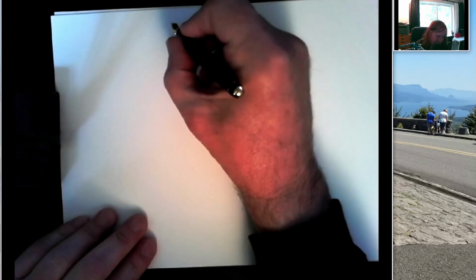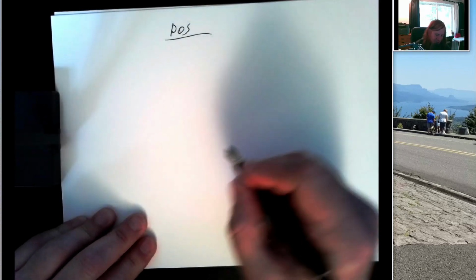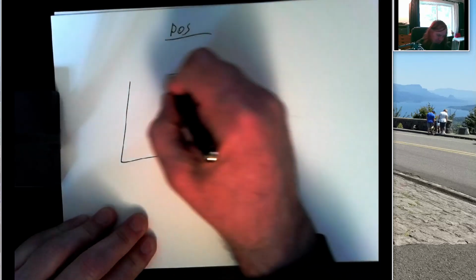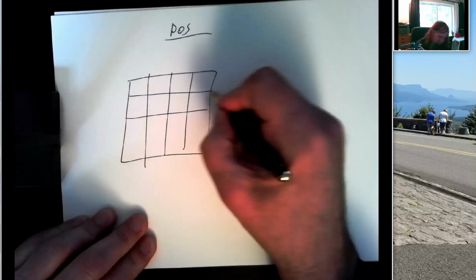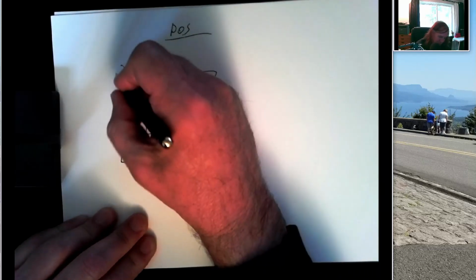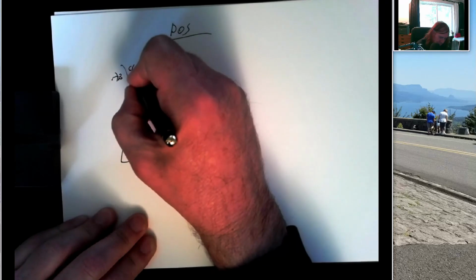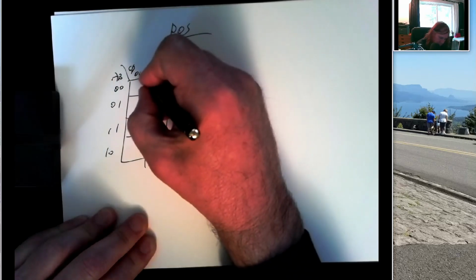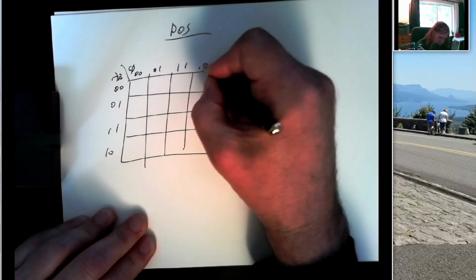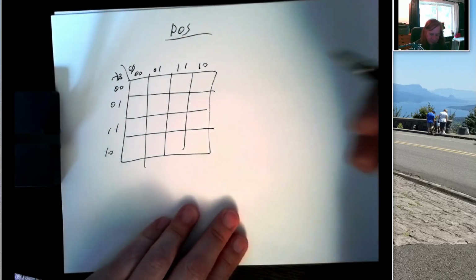All right, so how does all of this map to a product of sums? Well, it's pretty much the same business, with just a few differences. So suppose we have our equation.